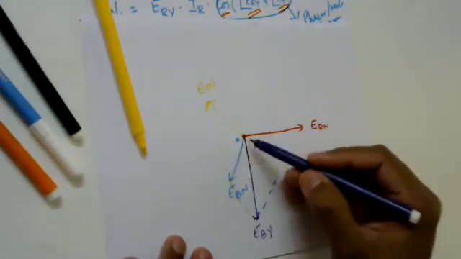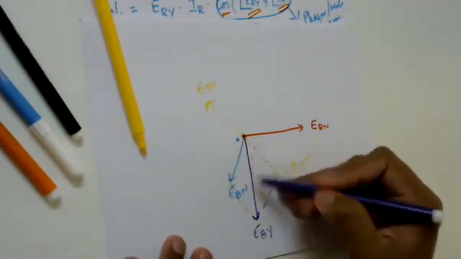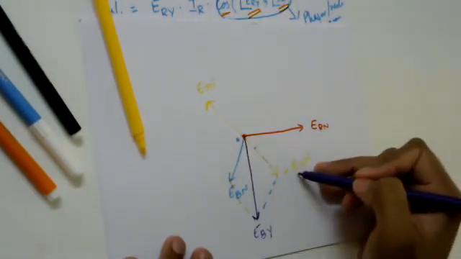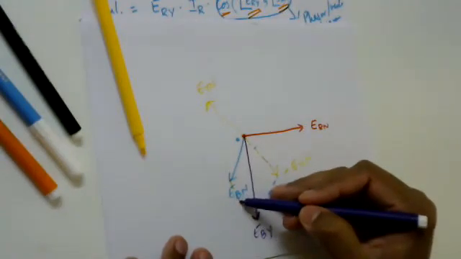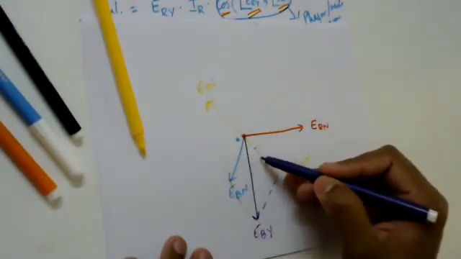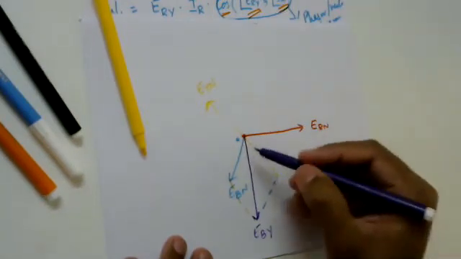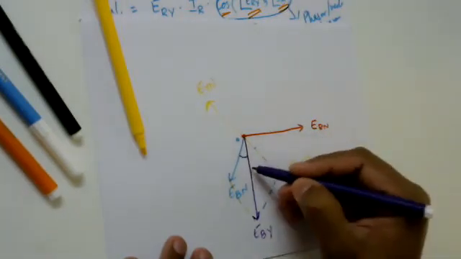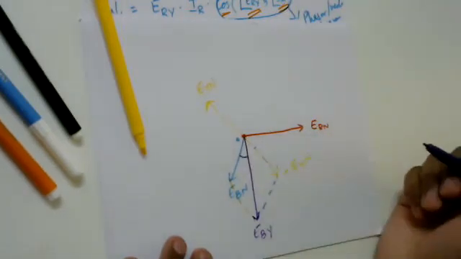Then this resultant vector exactly divides the angle between minus EYN and EBN into two halves. So this will be 30, this will be 30. Agreed? Yes or no?